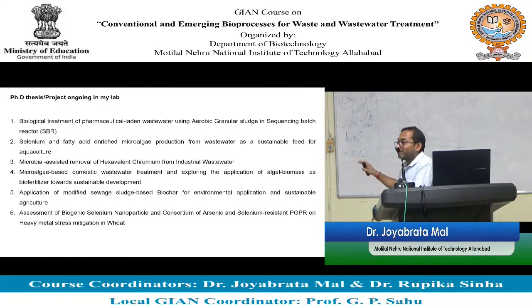Cadmium, lead, all are there basically. I chose selenium because it was my old interest; for the last 10 years I have been working on selenium, and arsenic because I am from Bengal, so I know about the arsenic contamination situation in Bengal. Otherwise you can choose whatever metal is your interest, but for one PhD you cannot choose all different metals. Maybe for another PhD you can go for other metals.